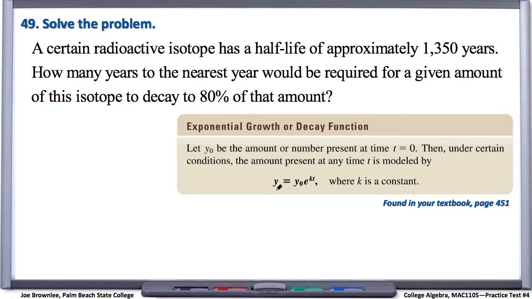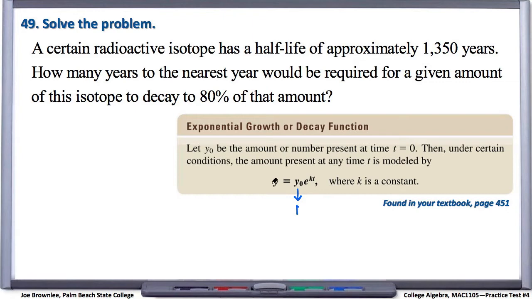With the exponential decay function, y sub 0 is the amount present at time t equals 0. To make the math easy, let's pretend we're starting with 1 milligram of this radioactive isotope, so y sub 0 is 1.